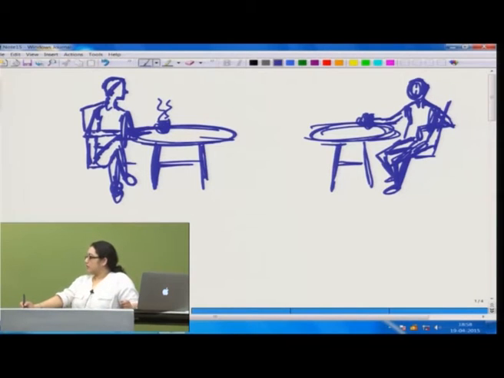These are the two characters in a composition, and we can always see that there is no reference point, there is no background, there is no common context.